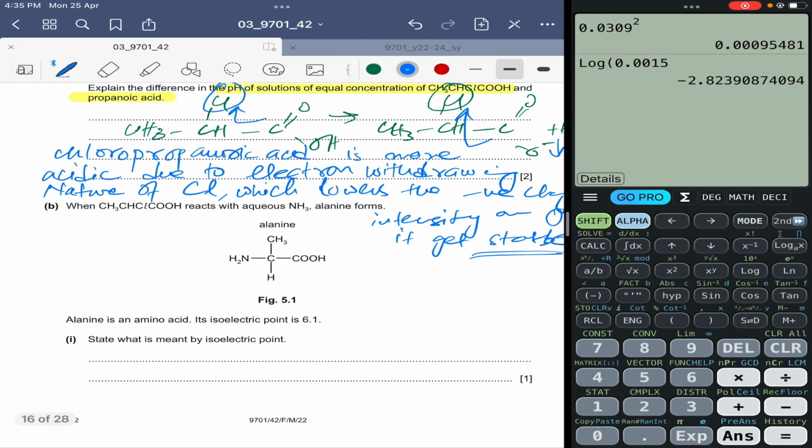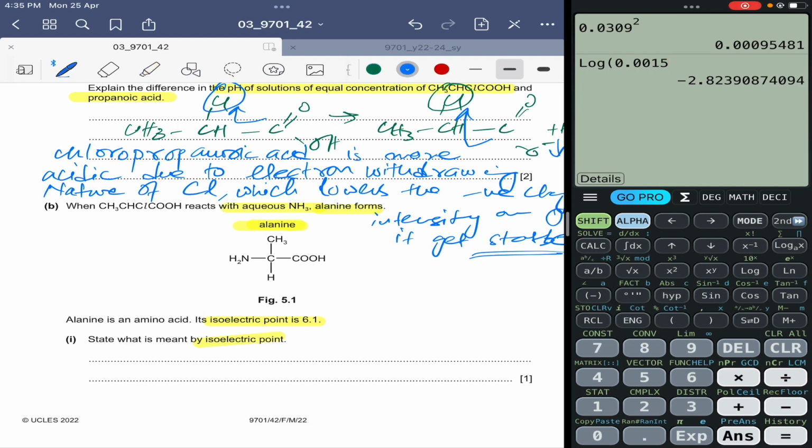Now, the next part of the question: when chloropropanoic acid reacts with aqueous ammonia, alanine forms. This is the structure of alanine. Alanine is an amino acid. Its isoelectric point is 6.1, right? State what is meant by isoelectric point.